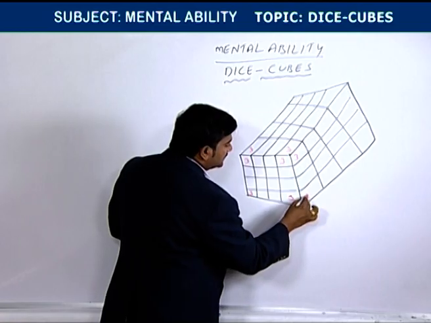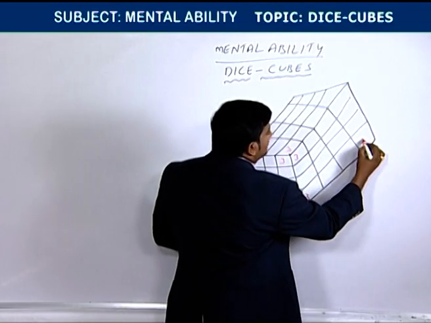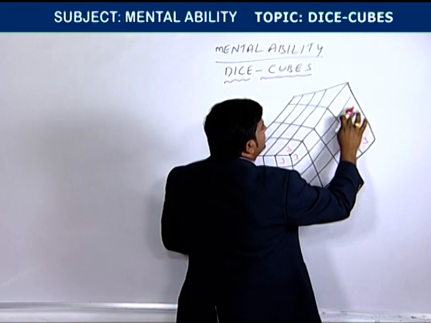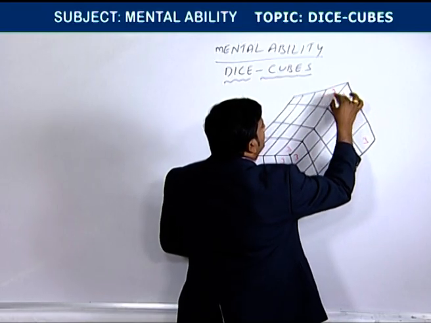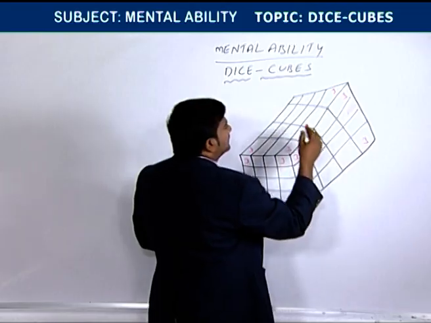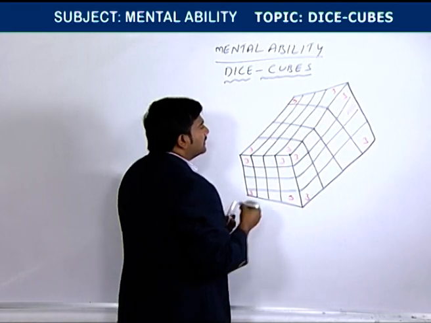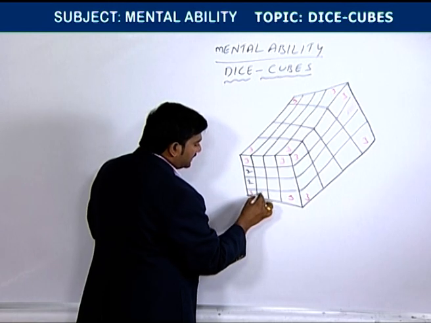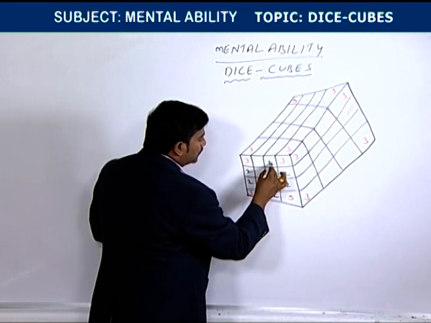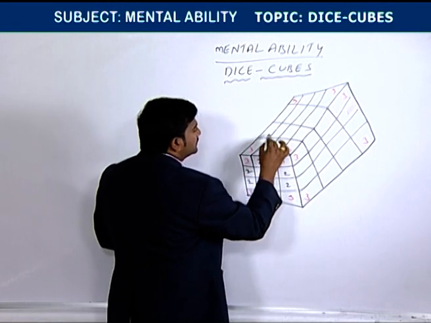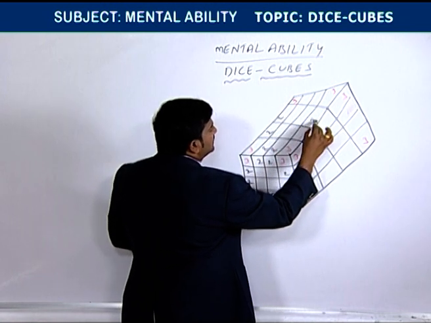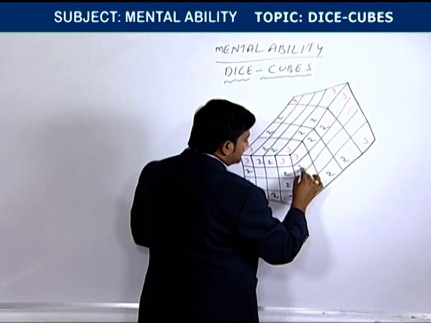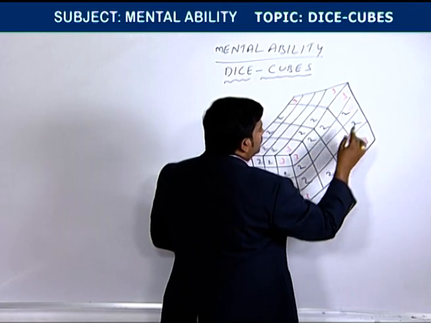Wherever a corner is there, at that corner I am taking 3. At remaining places I am taking 2 2 2 2 2.